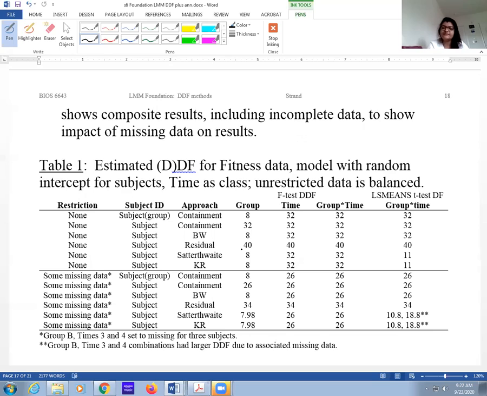I think it's fine if you have clustered data, or a number of subjects within each group, and you establish that in the code, identifying the groups and subjects within groups. I think containment's going to work fine, and in fact, it may yield the same results as other methods like the between-within method, and in some cases the Satterthwaite and Kenward-Roger methods.